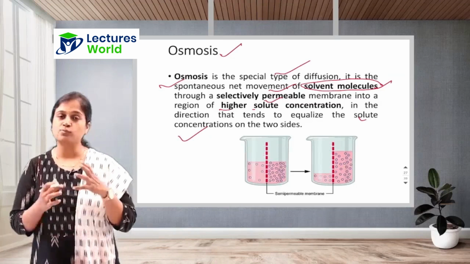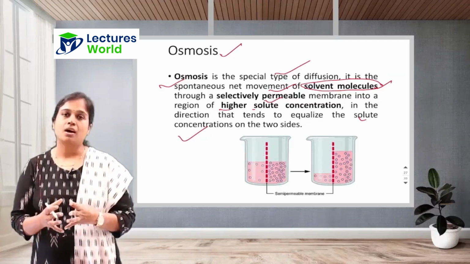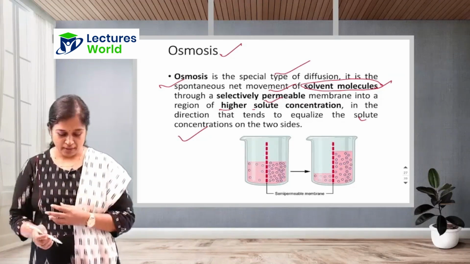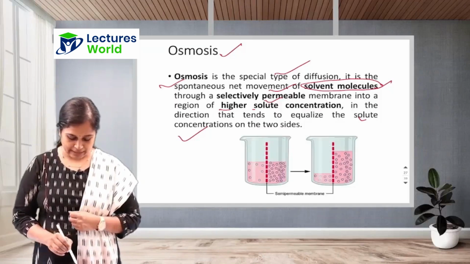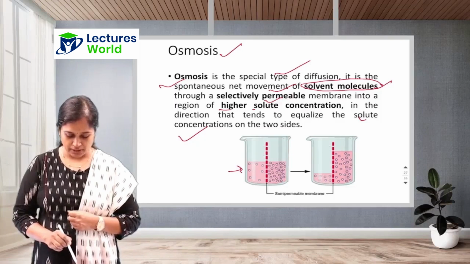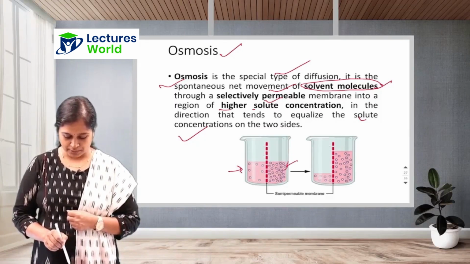So here there is a movement of solvent, from where to where? On one side in this image there are a few molecules of the solutes, and on the other side there are many molecules of the solutes.